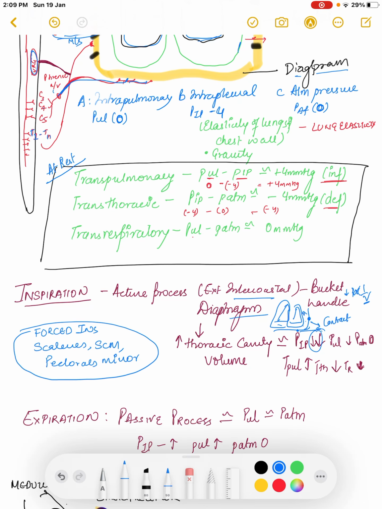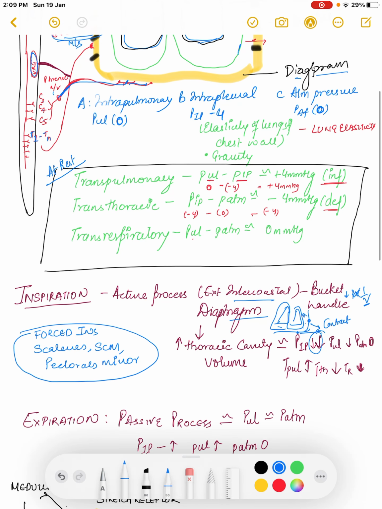Because the intrapleural pressure decreases, and along with that the visceral pleura gets stretched, the intrapulmonary pressure also decreases. The atmospheric pressure remains the same. The contraction of the external intercostal muscles increases the anterior-posterior diameter of the thoracic cavity.